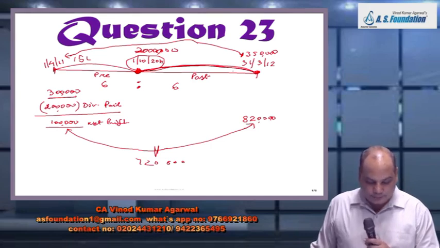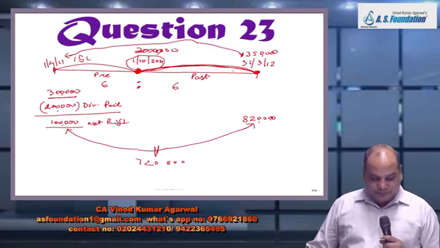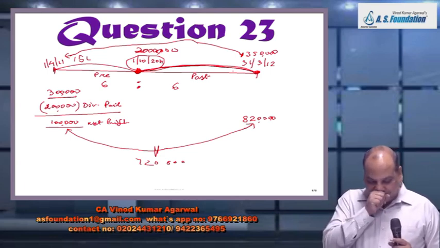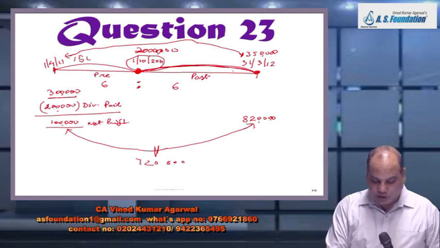Next paragraph. Following are the changes in fair value as per the respective IFRS from book value on 1st October 2011, which is to be considered while consolidating the SOFP. Now these are the increase in value of 3 items given: plant and machinery, then land and building 10 lakh, inventory 1,50,000.